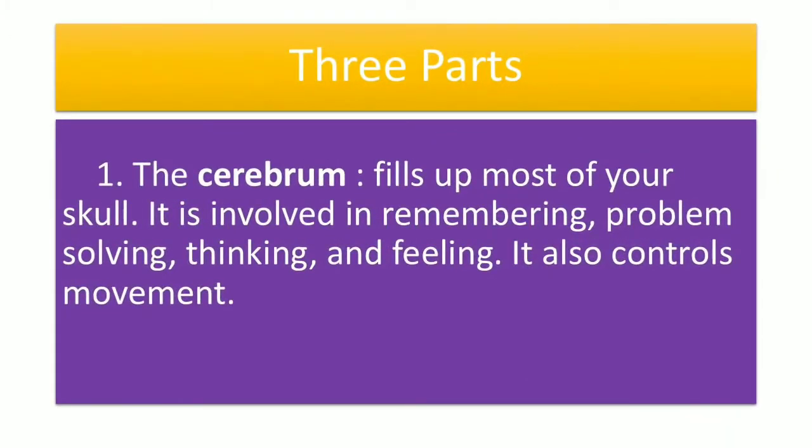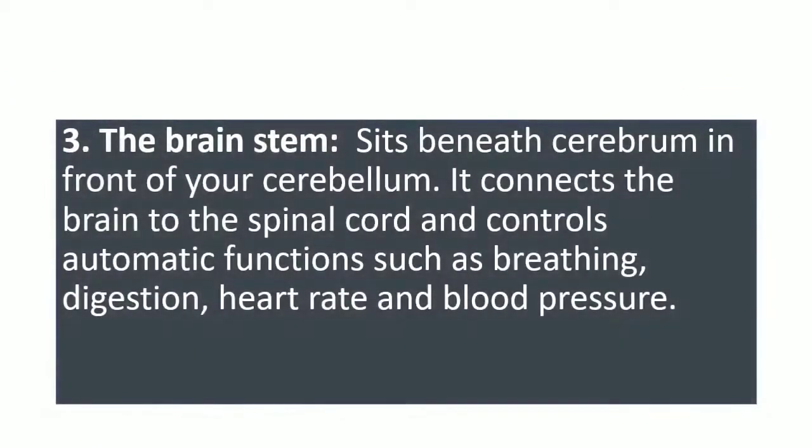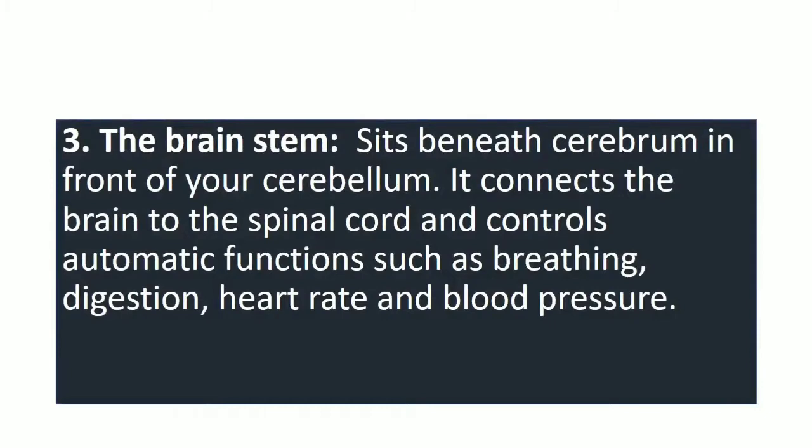There are 3 parts. The cerebrum is most important for thinking, feeling, problem solving, and remembering things. The cerebellum is at the back of the head and controls coordination and balance. It keeps your body balanced. Then the brainstem helps you breathe and coordinates with the spinal cord.